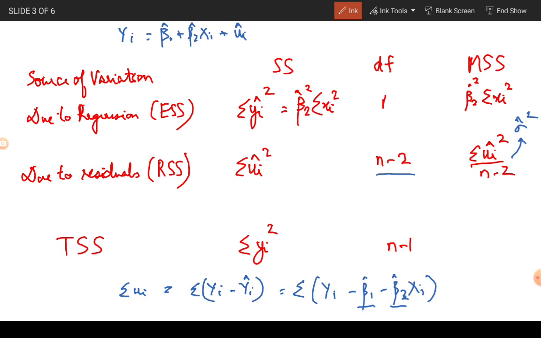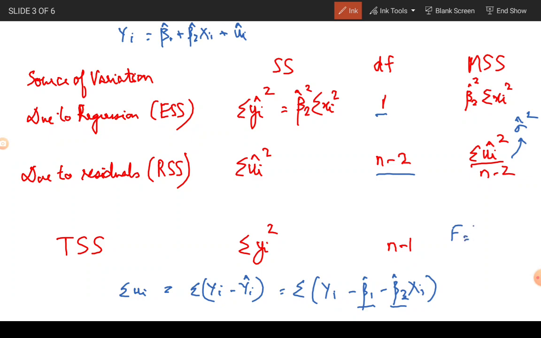Now if you take the ratio of the two means, beta 2 hat summation xi square and the mean sum of squares of the residual, that is summation ui hat square divided by n minus 2, the ratio will follow an F distribution, where the numerator will have 1 degree of freedom and the denominator will have n minus 2 degrees of freedom.